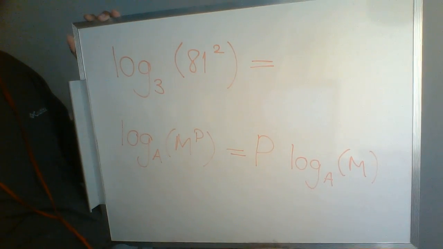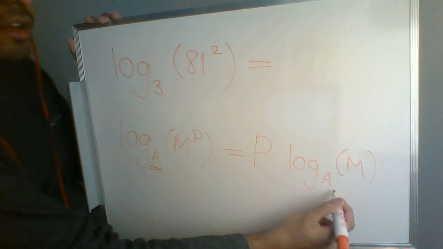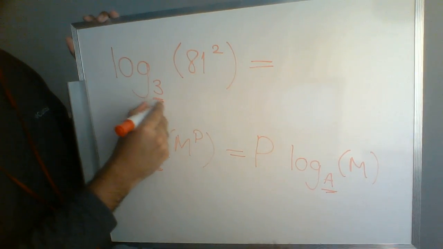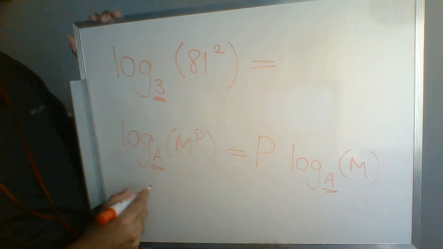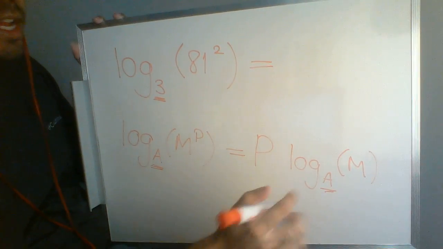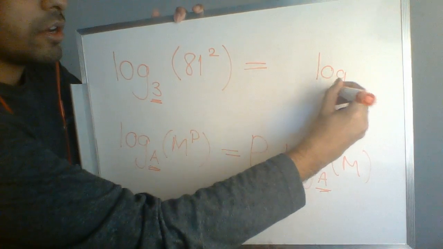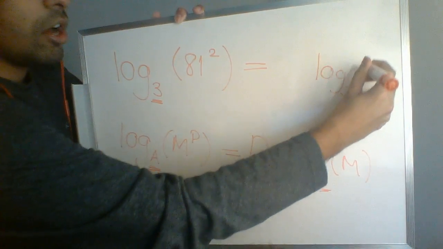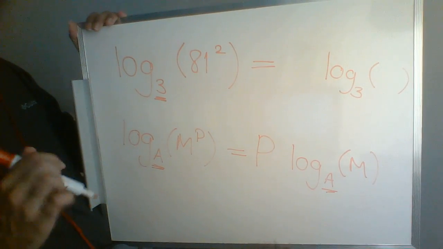So let's start off with the base. We know we've got base a down here, and we've got a base of 3 up in our actual question. So we know a is 3 in this case. So if I look over here, I've got log base a in my answer, so I know for sure I'm going to have log base 3 of something as part of my answer. Now let's look at this.